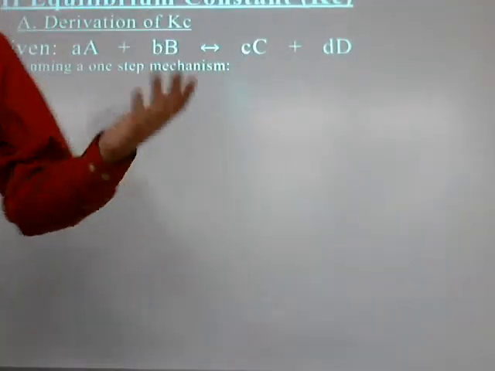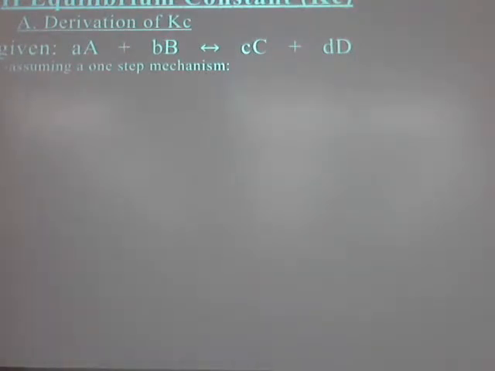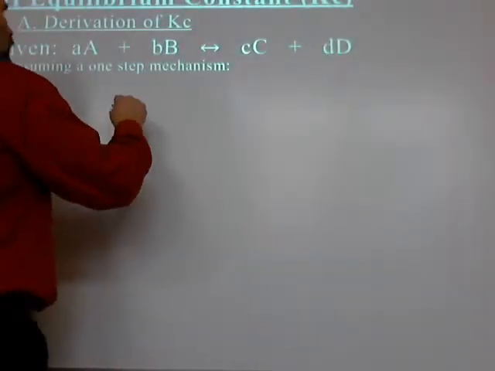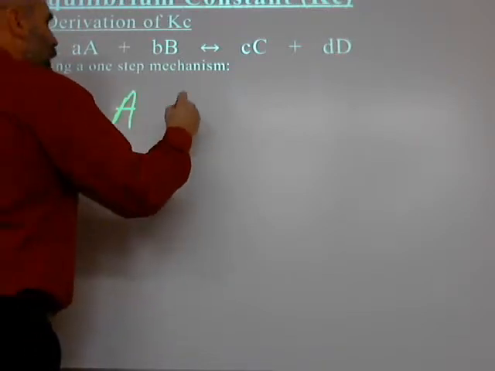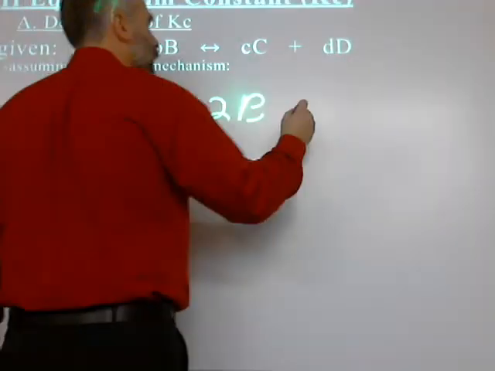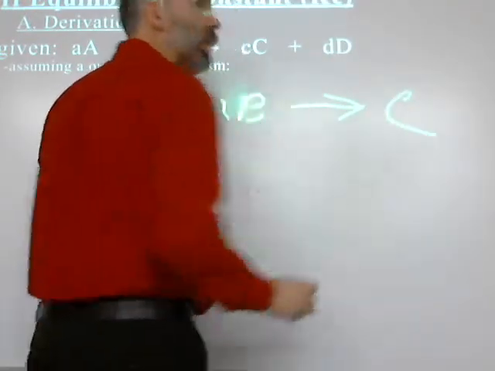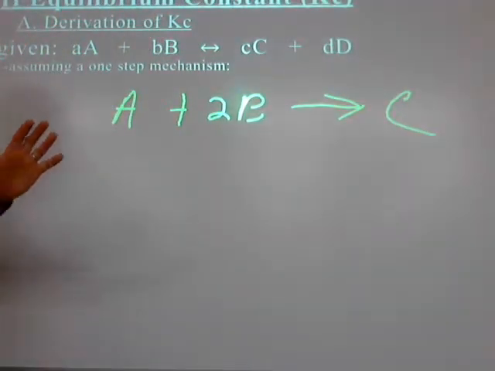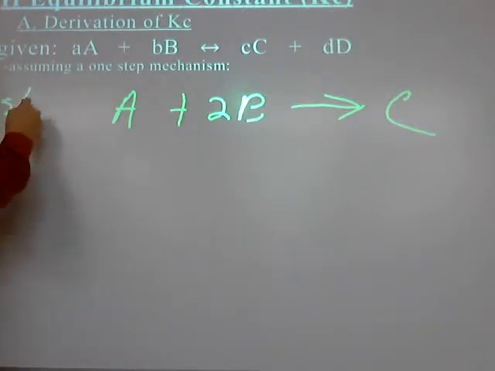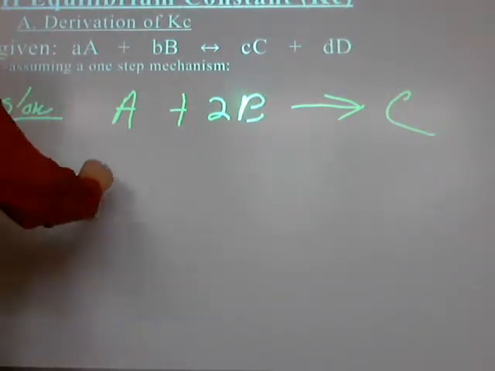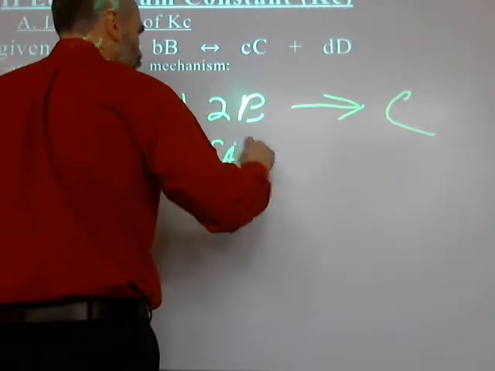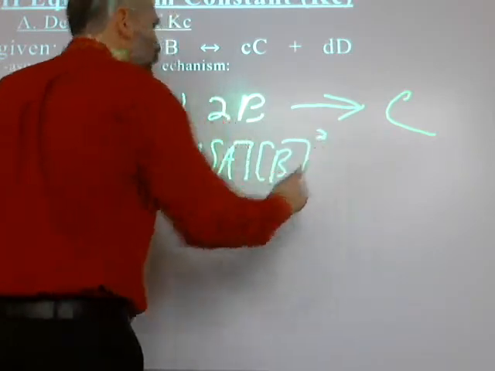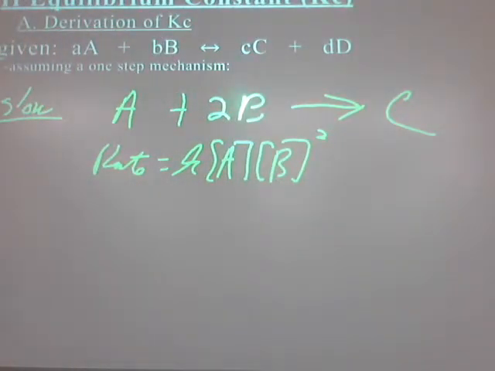Let's say I have the equation A plus 2B yields C from last chapter. Don't write this down; it's not part of the derivation. That was the only step, the slow step, right? Wouldn't you all agree that the rate law expression would be rate equals k, A to the first power, B to the second power?